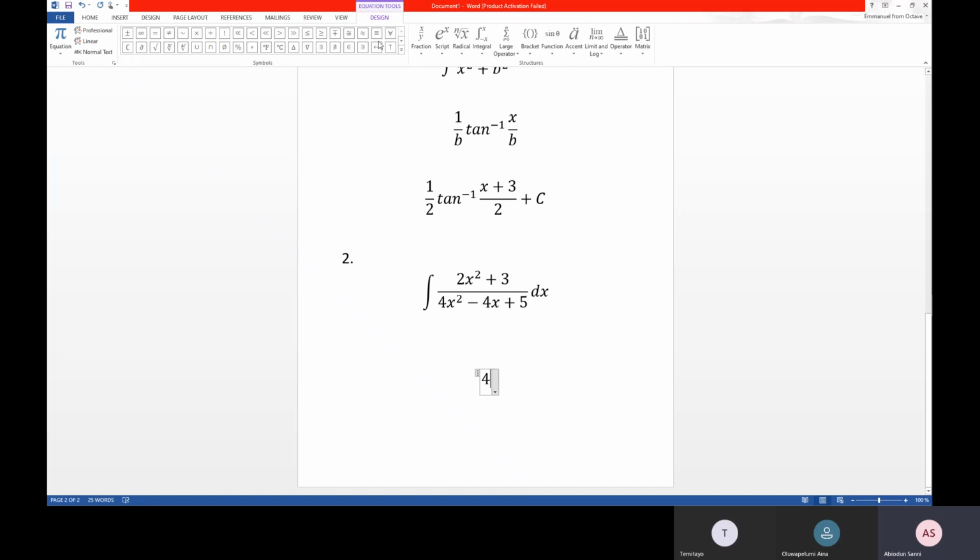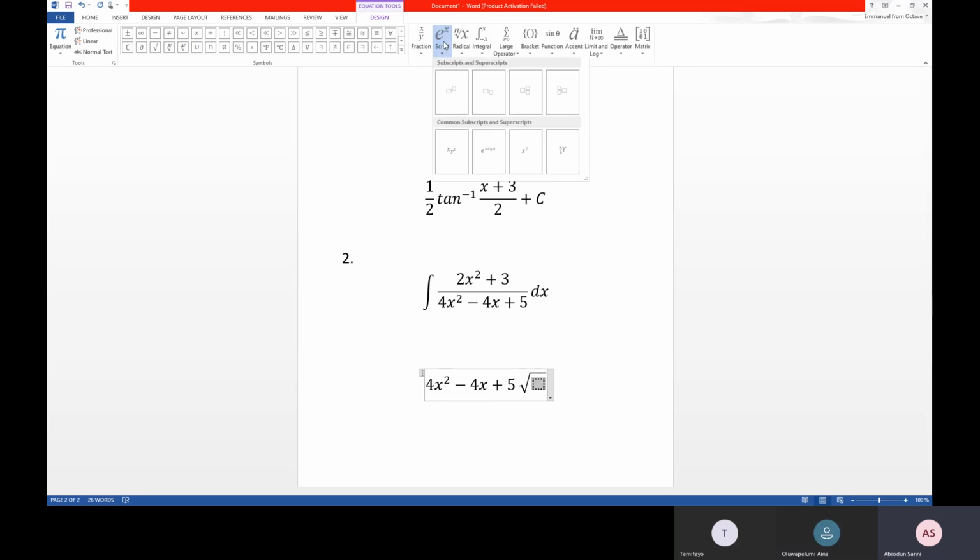I want to divide 4x squared minus 4x plus 5, using 2x squared.